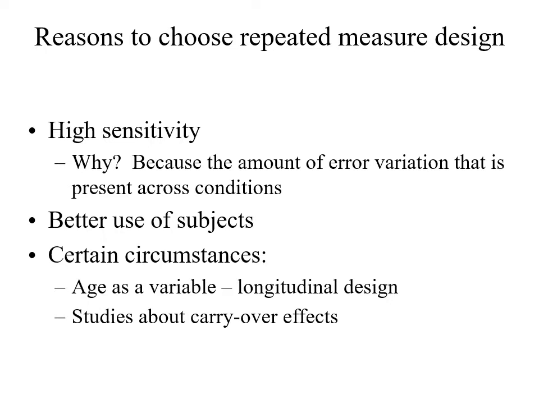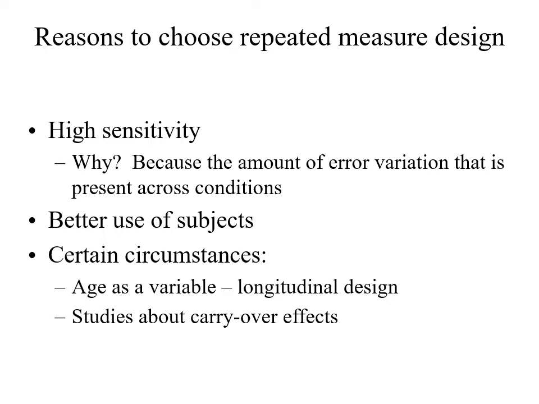Now, the third reason is that sometimes you just have to use a repeated measure design. Let's say you're using age as a variable. This will make it a longitudinal design in which you are tracking the same person over a long period of time.